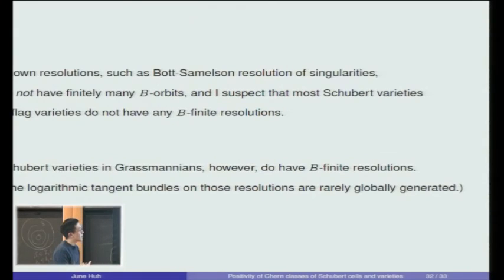But even in the Grassmannian case, these resolutions of singularities do not have globally generated logarithmic tangent bundles. But still, their degeneracy loci are as if they are globally generated. So there's some fine line in this layer of positivity that you can ask about these generalized tangent bundles.